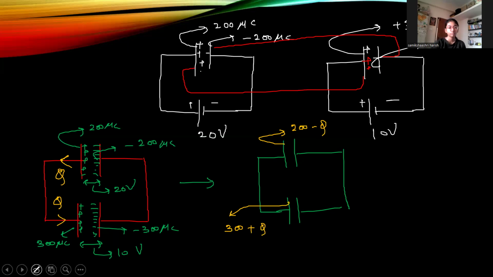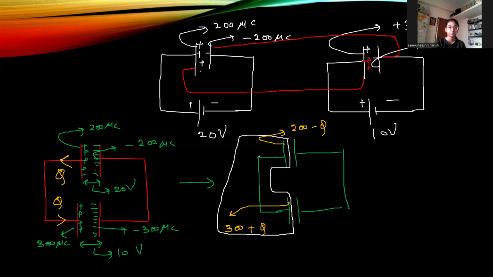So as per the charge conservation principle, charge can neither be created nor destroyed. Initially it is 200 microcoulomb here and 300 microcoulomb here. There is a transfer of charge between these two plates, but charge is not lost. It is here only, so this is an isolated plate region.